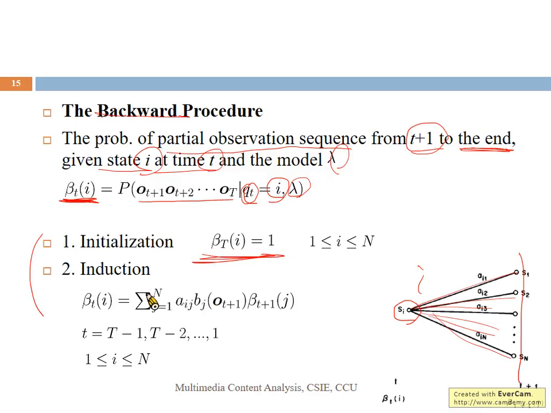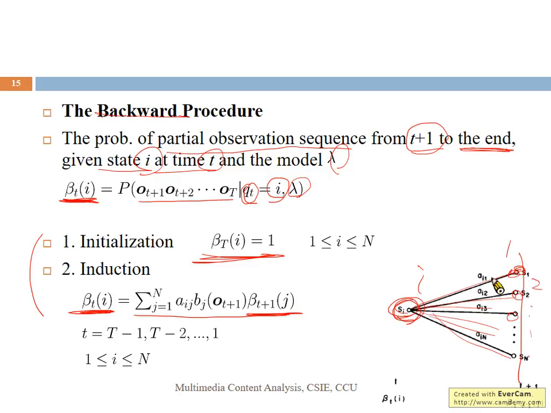And then we can calculate beta t i based on beta t plus 1 j. So beta t i is the summation over all beta t plus 1 j. From state i, we can jump to state 1, from state i we can jump to state 2, and so on.